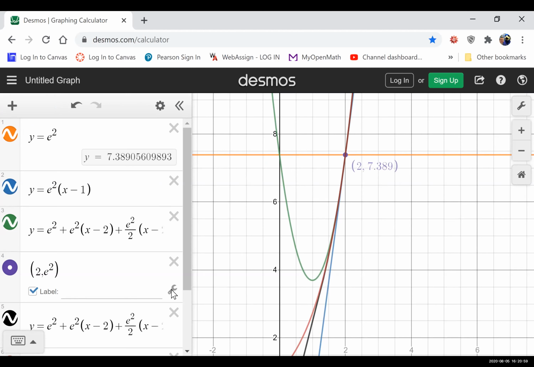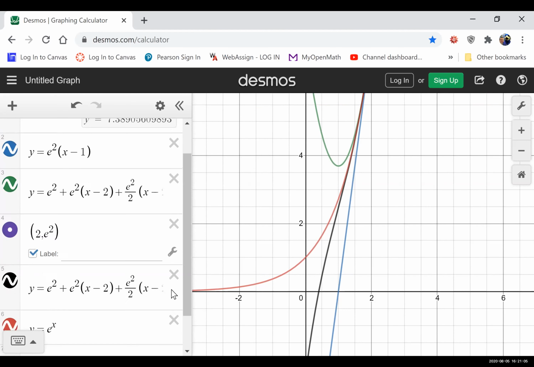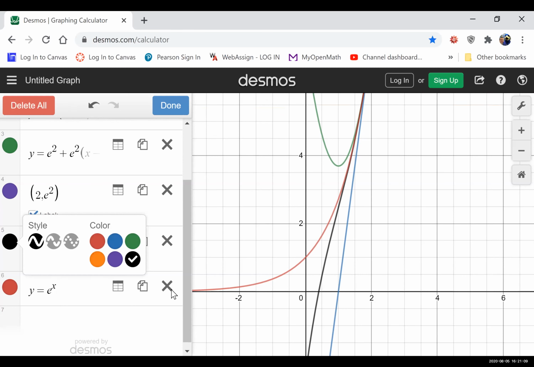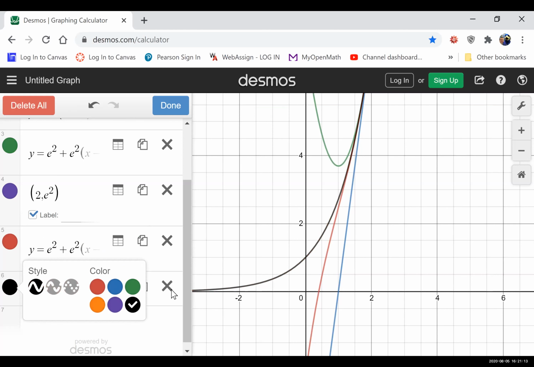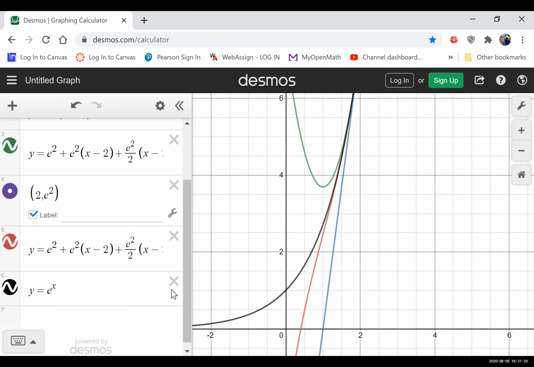So that was a really bad approximation. Now the original one, maybe I'll make black. Okay, so there's my e to the x. It's the original, what it's approximating.